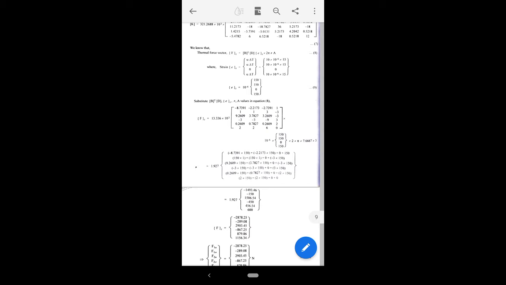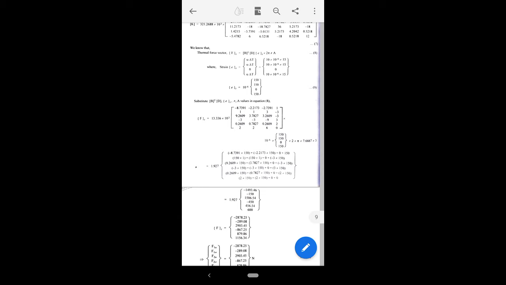B transpose D and then the D matrix and the strain matrix. We use this strain with 2 pi R into A. R is the average value of the R coordinate. A is the area of the triangle. The strain formula gives a matrix of 4 rows and 1 column.